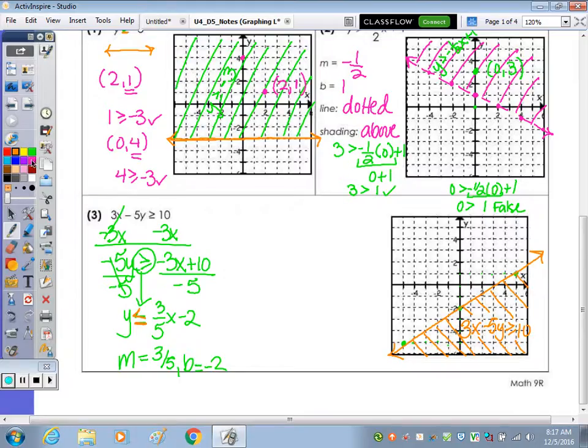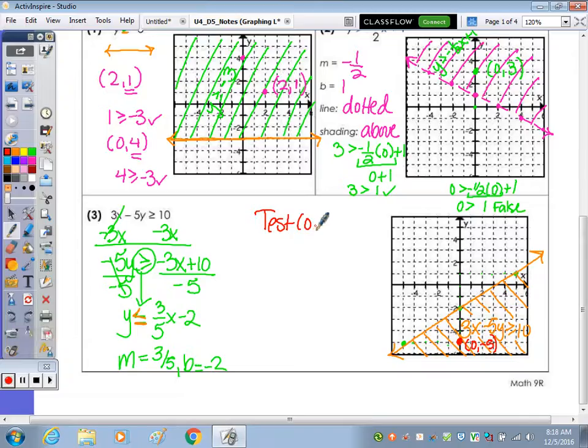Just to check or test, let's test the point 0, negative 5 right here. Let me grab a different color. 0, negative 5. So if I test 0, negative 5, it should come out to be true.